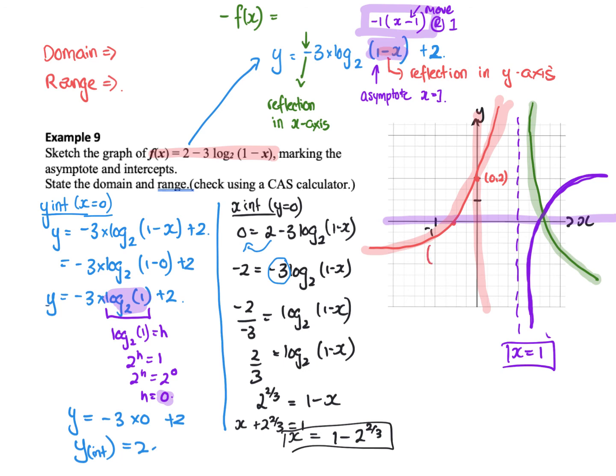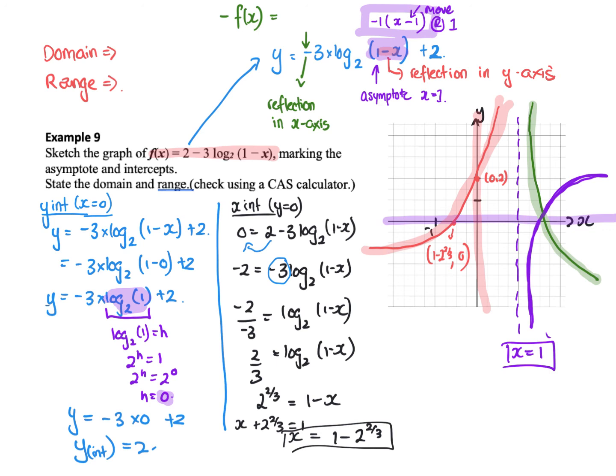So this point here is actually 1 minus 2 to the power of 2/3, and I just leave it like that, comma 0. If you do it on your calculator, you'll see that's roughly -0.5. So just leave that like that and there's your graph.